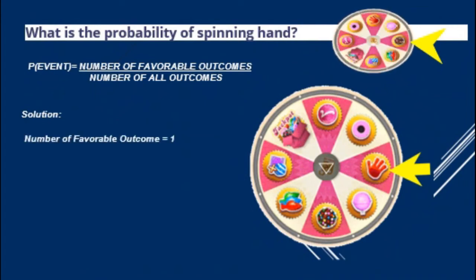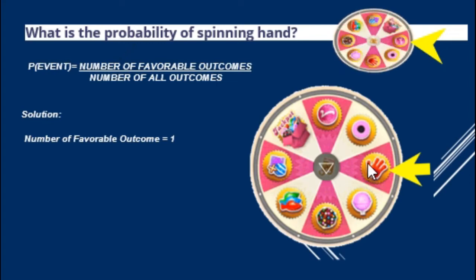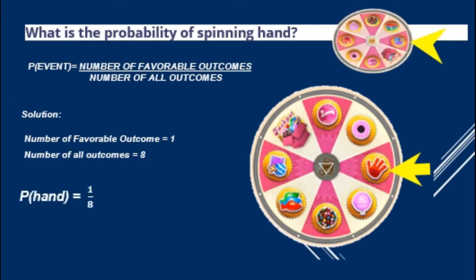So we have 1 here. How about the number of all outcomes? Alright, we have 1, 2, 3, 4, 5, 6, 7, 8. So the number of all outcomes is 8. So P of hand is equal to 1/8.